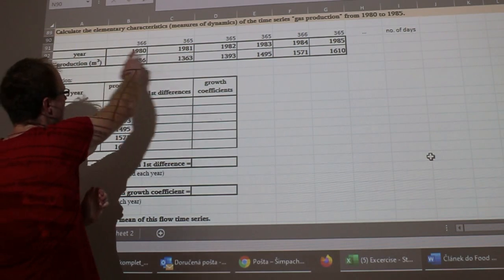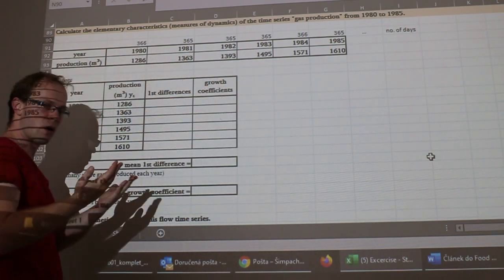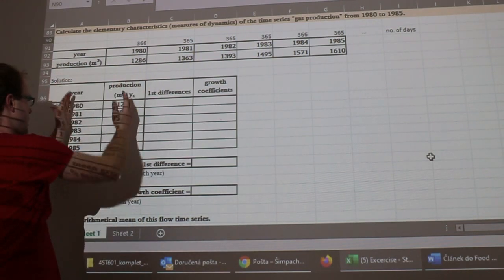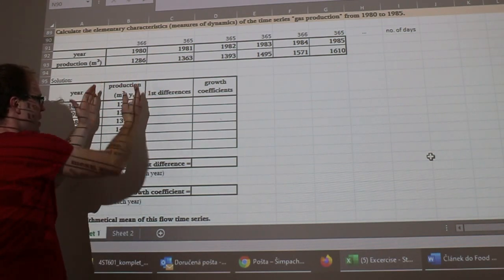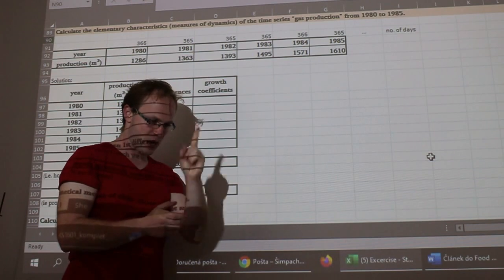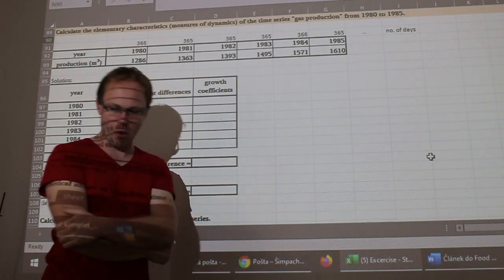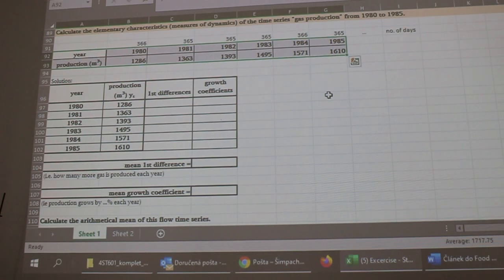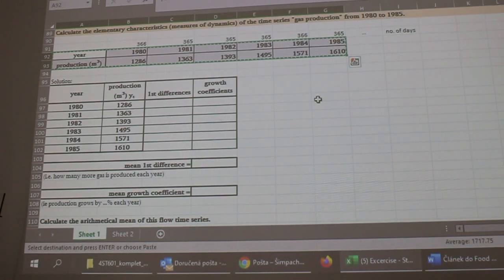Yes, original table is written here, and for your purposes and for your comfort, I already transposed the values, observations to columns. Yes, I hope that you are able to transpose data set. You can see it's not difficult if you take these two rows and use combination of keyboard Control and C, yes, copy. You can click, for example, here, and there you have paste button.